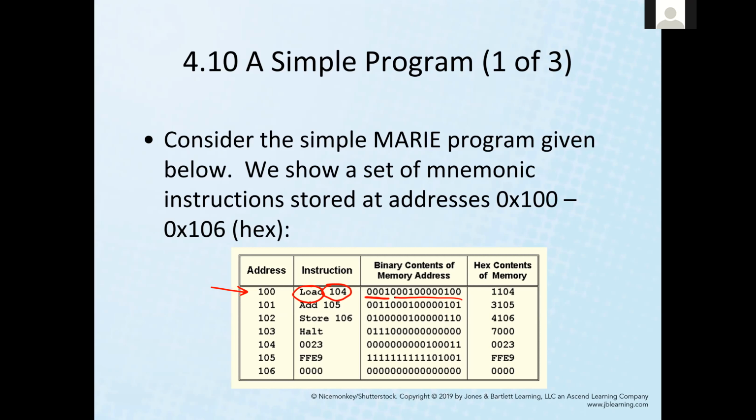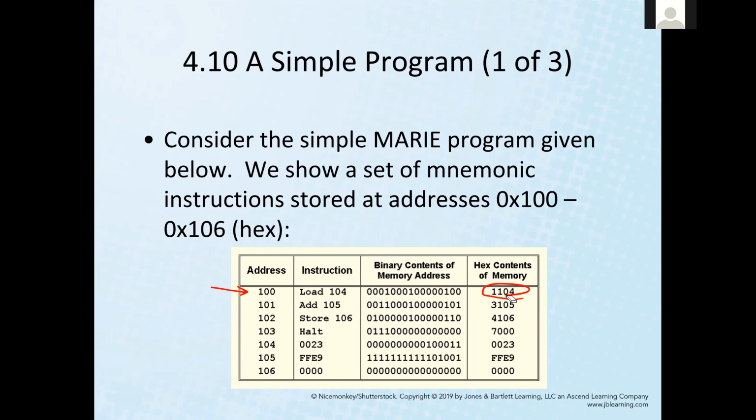These zeros and ones are the binary code of the instruction load 104. In hexadecimal format, it will be 1104.